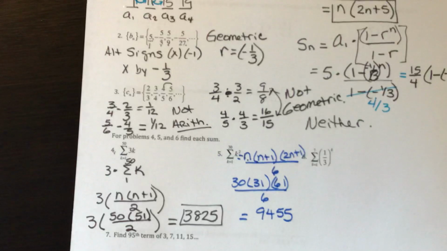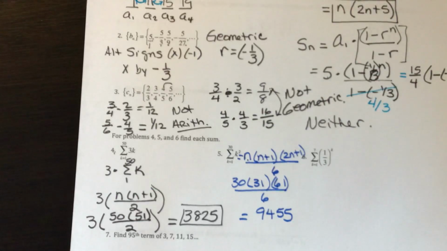All right, so number 6. This is a geometric sequence, and r is 1/3.